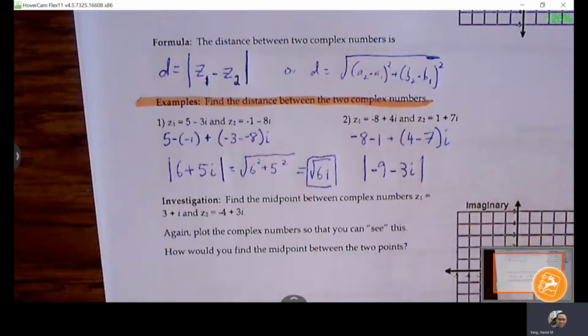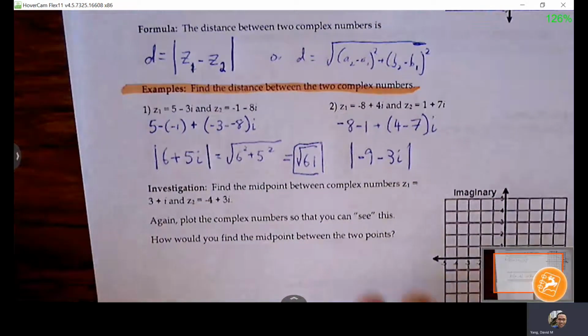So once you're here, you know what to do, Pythagorean theorem to get to that distance.